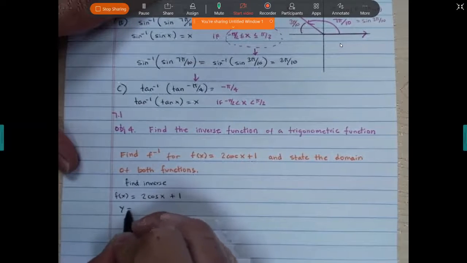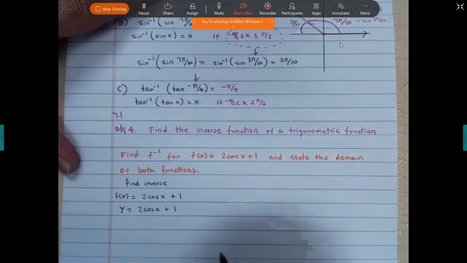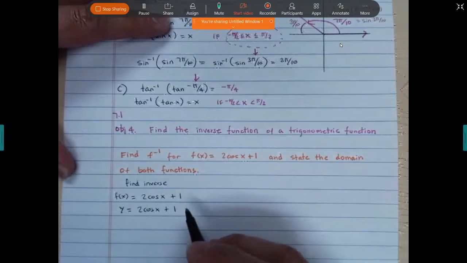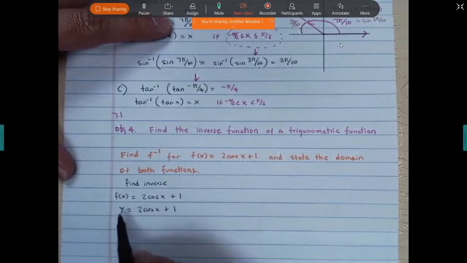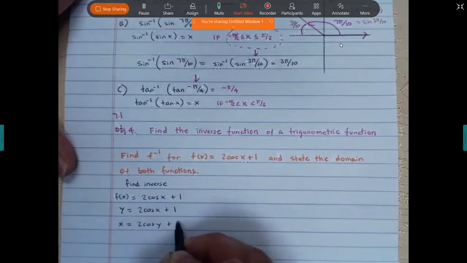So y equals 2 cosine of x plus 1. The next step will be to swap the variables, x with y and y with x. So we get x is equal to 2 cosine y plus 1.